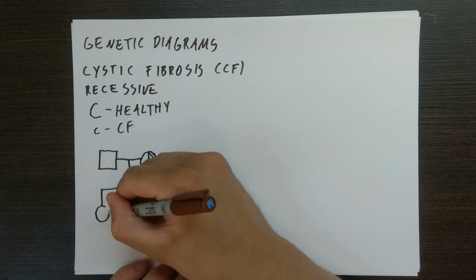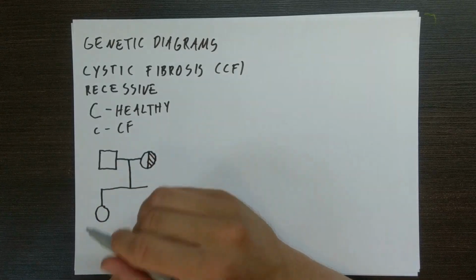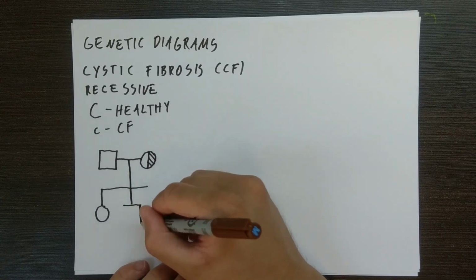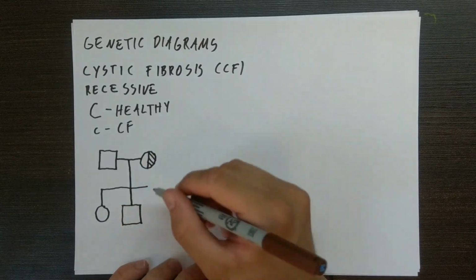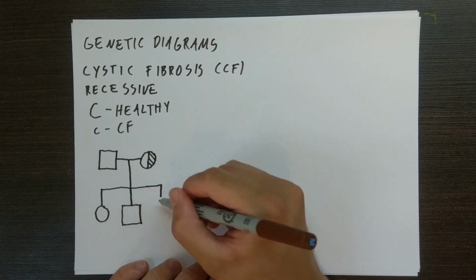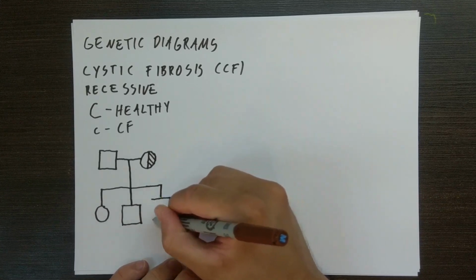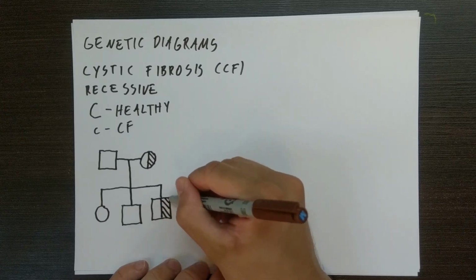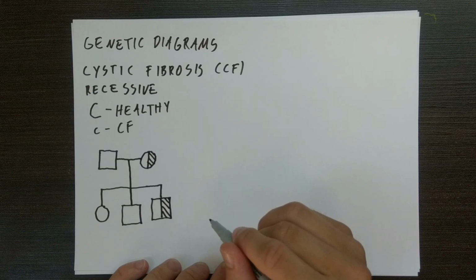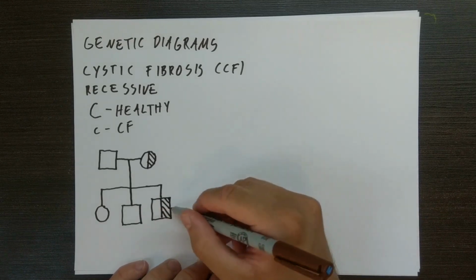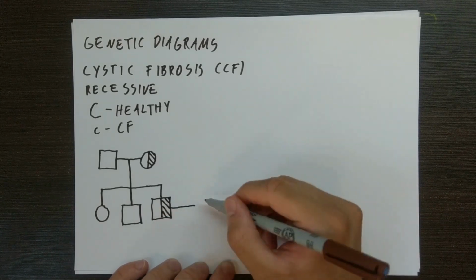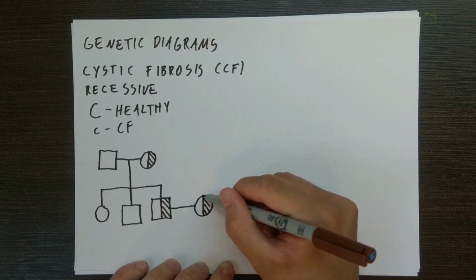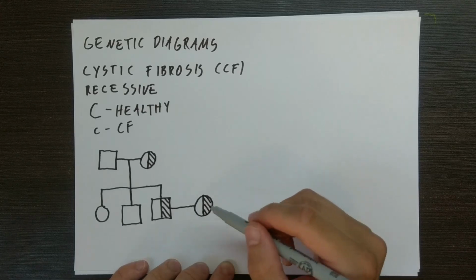They have a daughter who is completely fine. She has no cystic fibrosis alleles. We have a son who also has no cystic fibrosis alleles. And then, unfortunately, we have a son who is also a carrier of cystic fibrosis. And now that son has a child with a woman who also has a cystic fibrosis allele, but she is also a carrier.